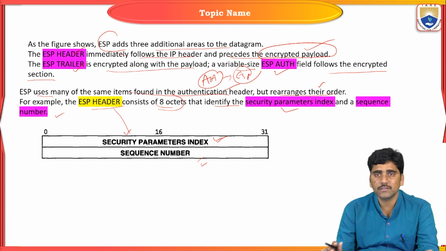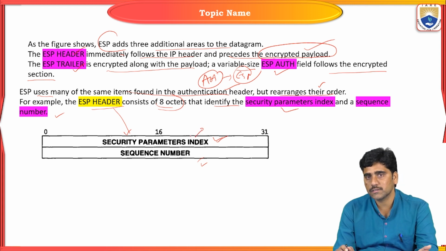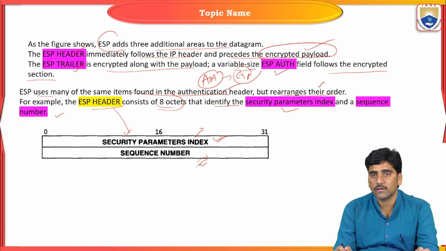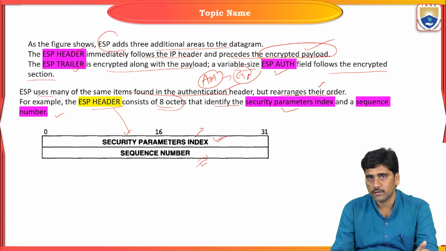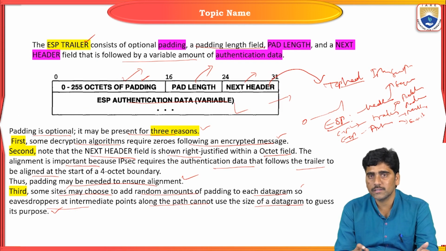What are the fields in the ESP header? It contains both the security parameters index as well as the sequence number. The ESP trailer contains 0 to 255 octets of padding.